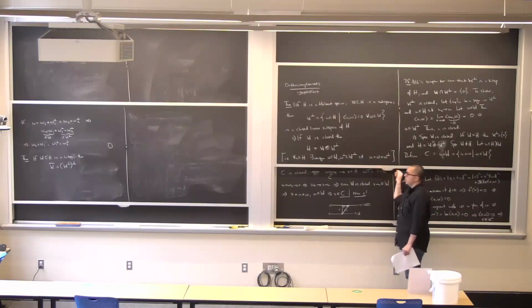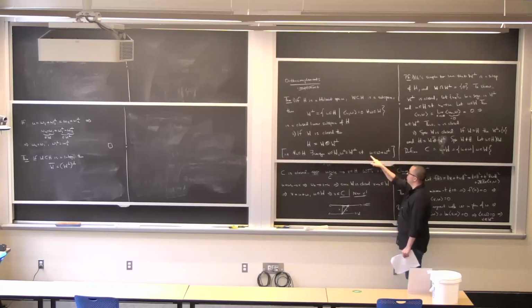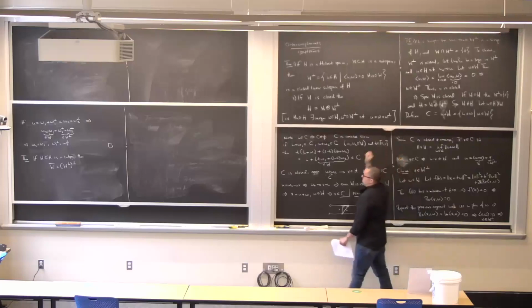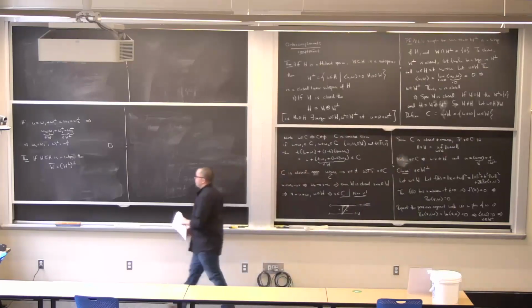Now, what kind of operator is that? Or I could have said it takes an element U and spits out the part that's in the orthogonal complement of capital W. What kind of map is that? There's a very special name for that.